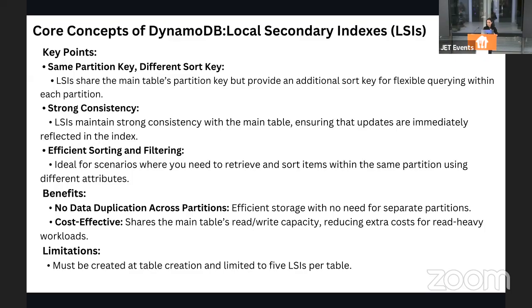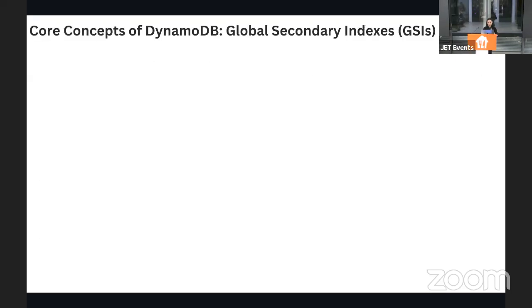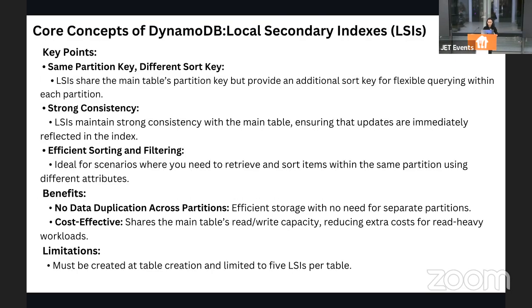Once I start talking about the global secondary index, we will find out that it doesn't guarantee strong consistency, while the local secondary index does. That is kind of obvious, because the data will be stored on the same partition. Benefits: efficient sorting and filtering, no data duplication across partitions, cost effective. The limitation is that you can create just 5 secondary indexes, and only at the beginning.